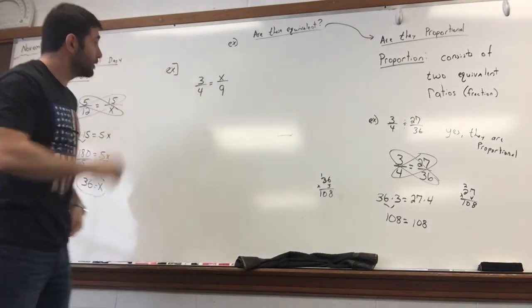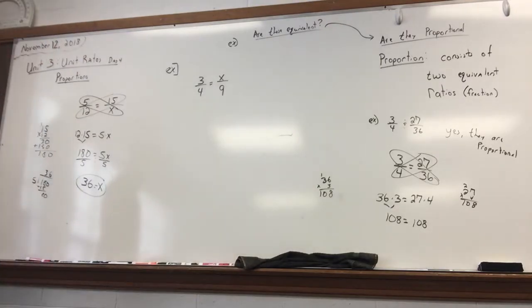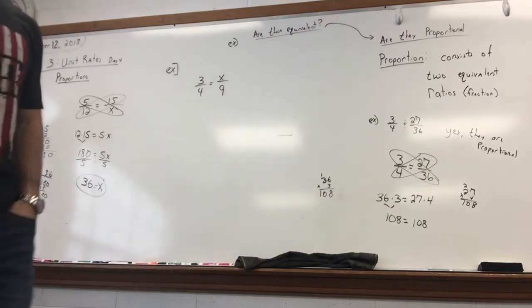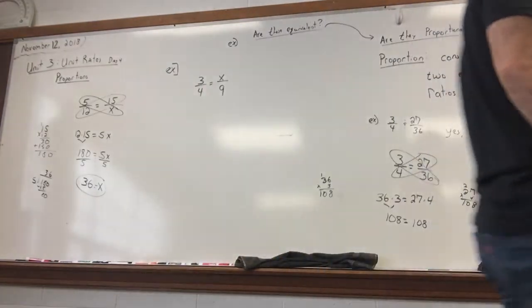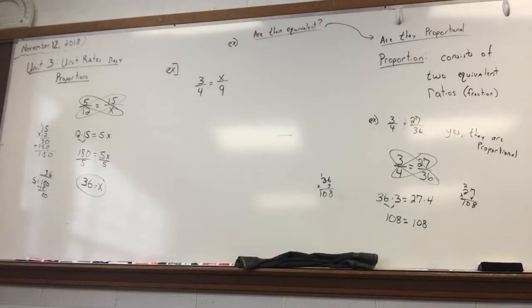So we're solving 3/4 equals x over 9. We are trying to round to the nearest hundredth. We are using cross multiplication. Make sure you keep that equal sign in the middle.